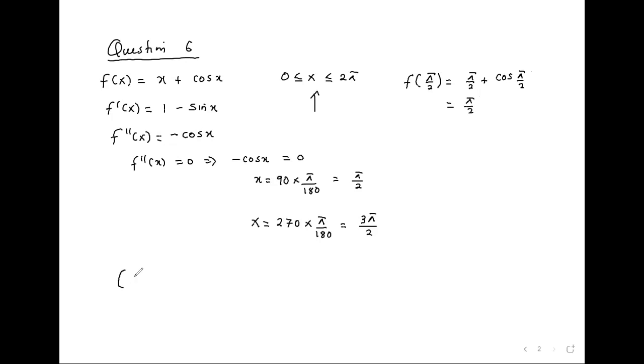So the first point is pi over 2, comma pi over 2. And then the second point will be 3 pi over 2, comma 3 pi over 2, because cos 3 pi over 2 will again be 0.